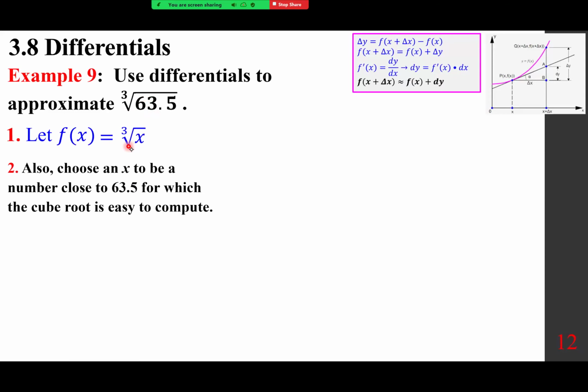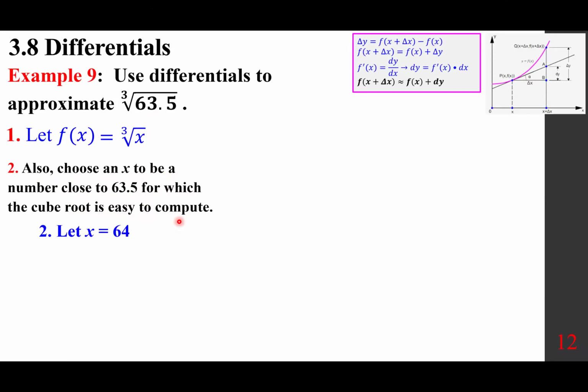The next thing is to choose an x close to 63.5 for which the cube root is easy to compute. Any number comes to mind? The easiest number is 64 because we should know the cube root of 64 is 4.